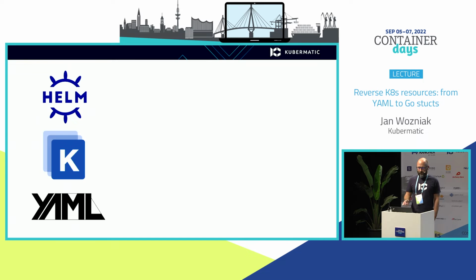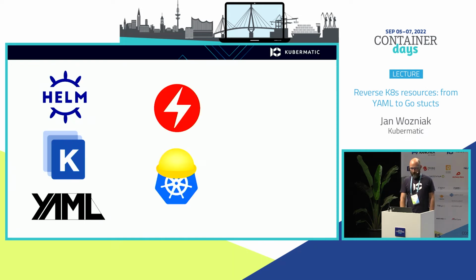I made an observation that if you want to deploy something on your Kubernetes cluster, the odds are you're going to be using some form of YAML, whether Helm or Kustomize. They are great tools for getting started, but a little bit less great for day 2 operations.